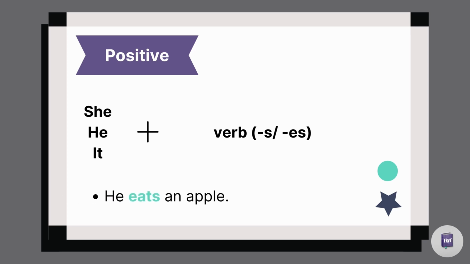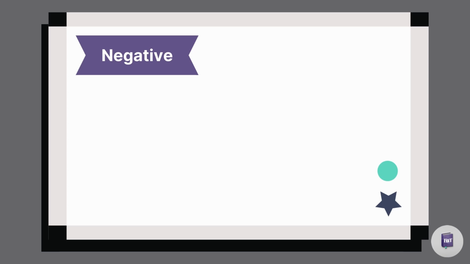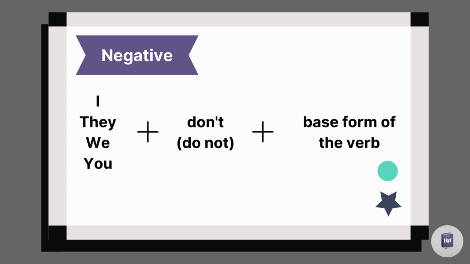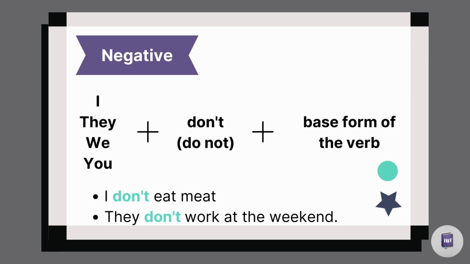He eats an apple. Negative sentence. For I, they, we, and you, we use don't, the short form of do not, plus the base form of the verb. I don't eat meat. They don't work at the weekend.